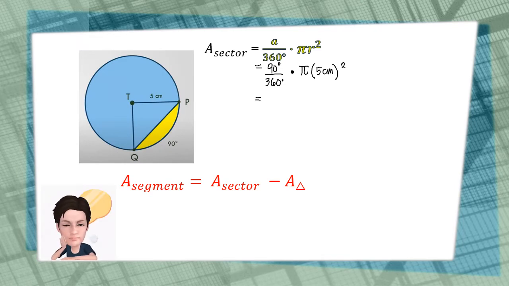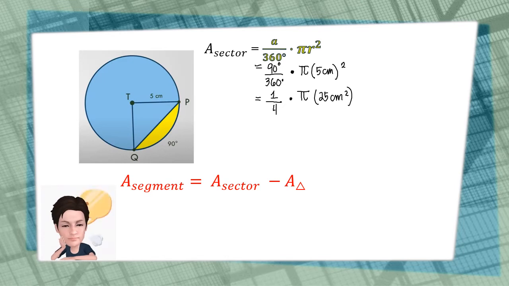So 90 divided by 90 is 1. 360 divided by 90 is 4. Then multiplied with pi, just simply copy pi for a while. Then 5 centimeters squared means 5 centimeters times 5 centimeters, so 25 centimeters squared.